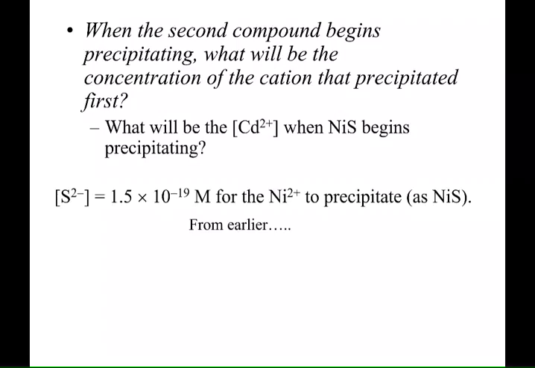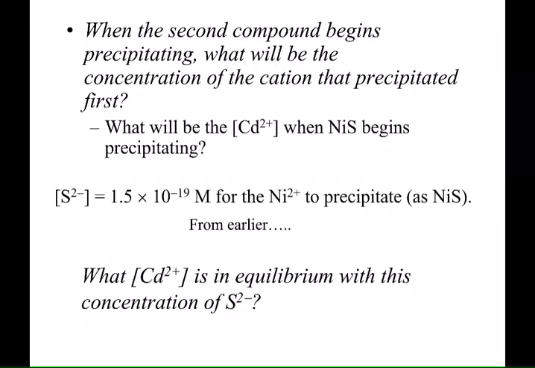If you go back in your notes, we found the threshold for the nickel 2 precipitating was a sulfide ion concentration of 1.5 times 10 to the minus 19th moles per liter. So if we go with that as the molar concentration of the sulfide ion, then we can rearrange our KSP expression, solving for the cadmium ion.